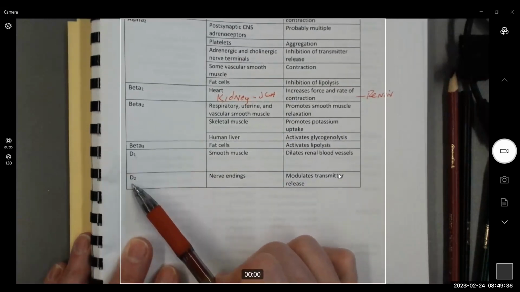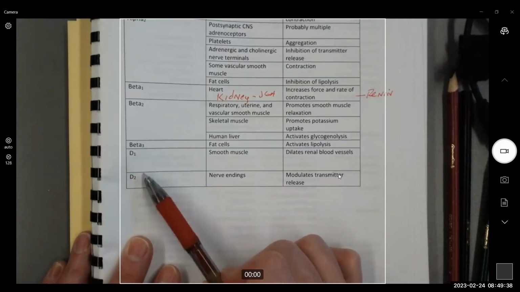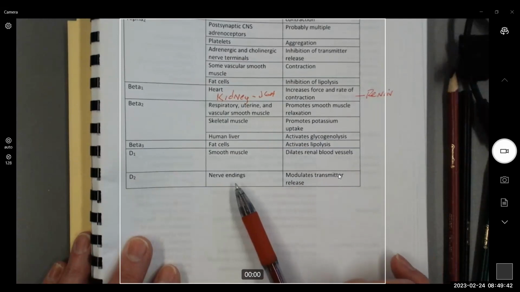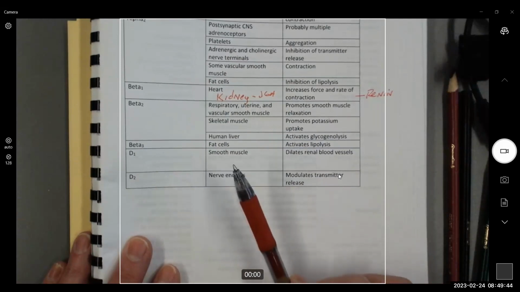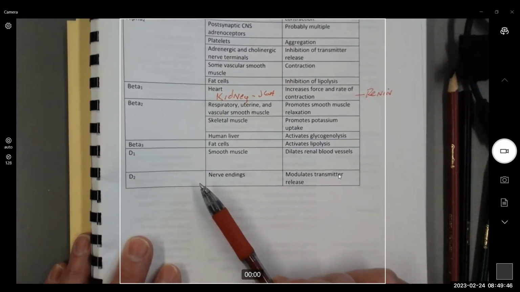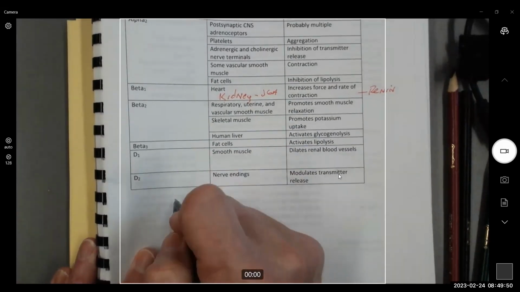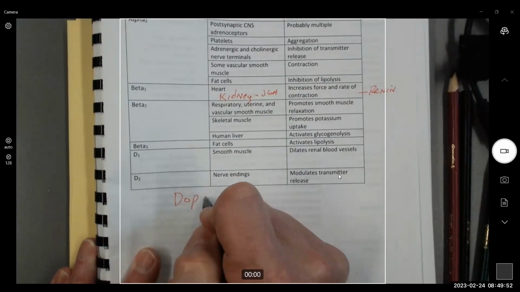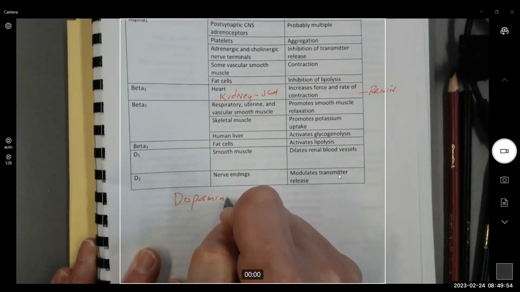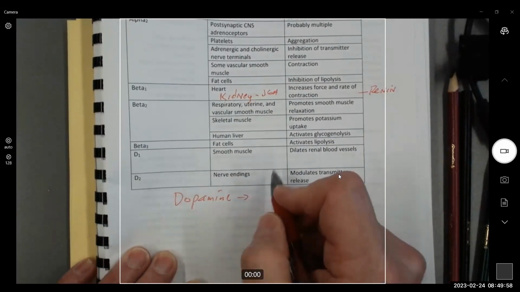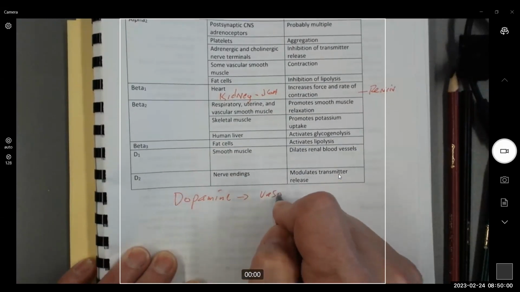Dopamine receptors, these respond to dopamine, and they can dilate blood vessels, but they can also increase the rate at which the heart contracts. So, for example, dopamine is given in the ICU as a vasopressor.